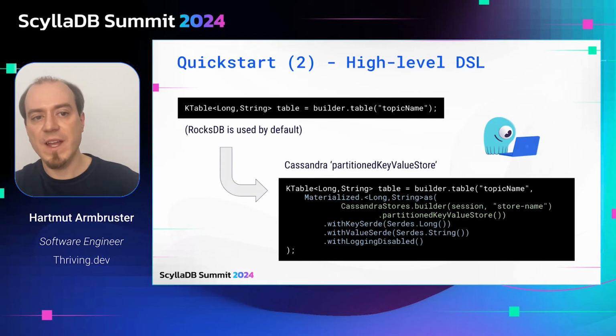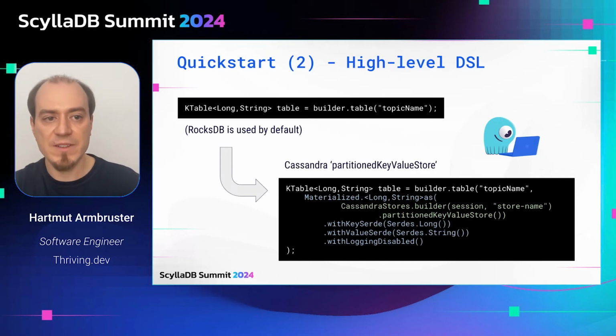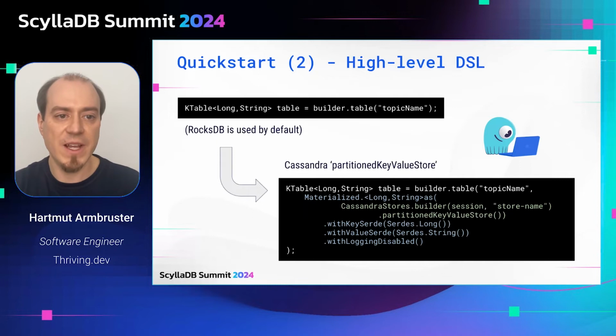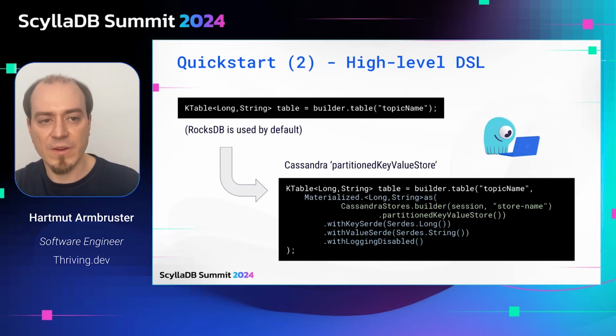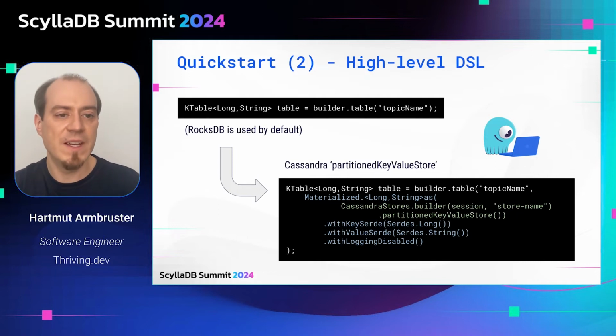Now, same as you would switch to an in-memory state store, the builder.table method is overloaded with passing in a Materialized. And here under the Materialized, we pass in the Cassandra State Store's builder.